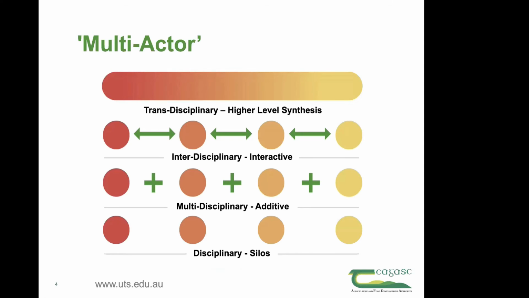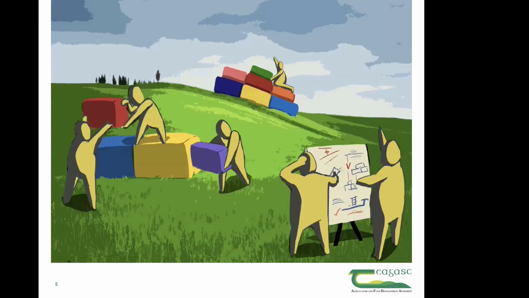We need to synthesize different types of knowledge, practitioners' knowledge, different disciplinary knowledge, and creatively combine them so that what we achieve is far greater than the sum of the parts. So in that top level there is that form of interaction that we must maintain in our projects, despite not being able to see people face to face.